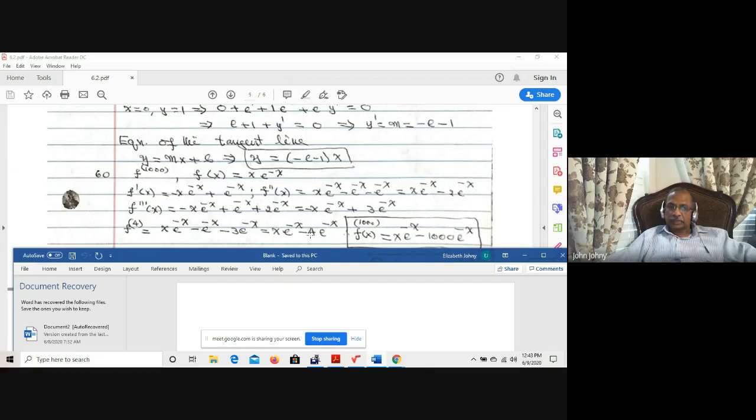That means the sign in front of the last term is negative if the number is even. 1000 is an even number, so you have to use the pattern for y double prime and y fourth power: x e to the negative x minus 1000 e to the negative x.